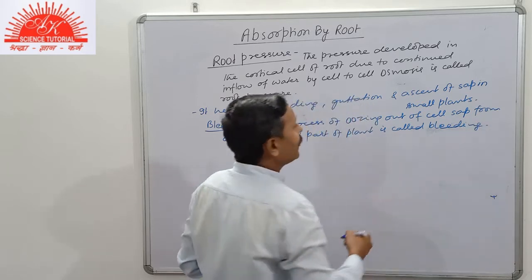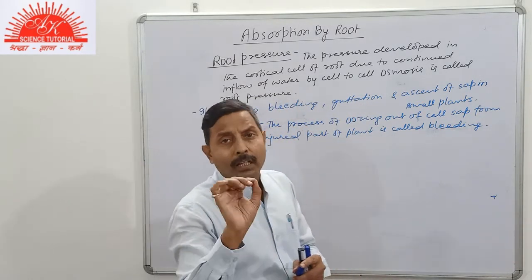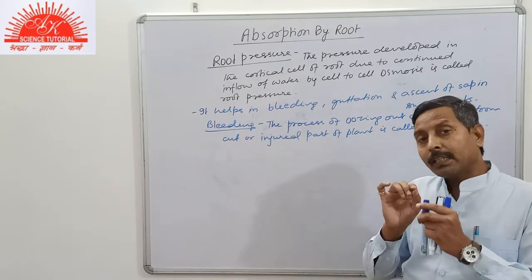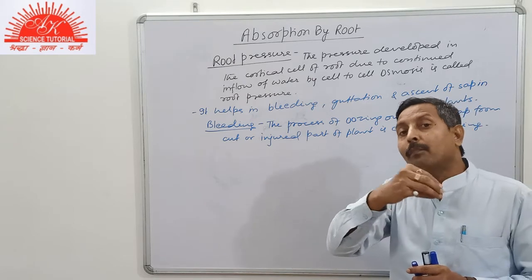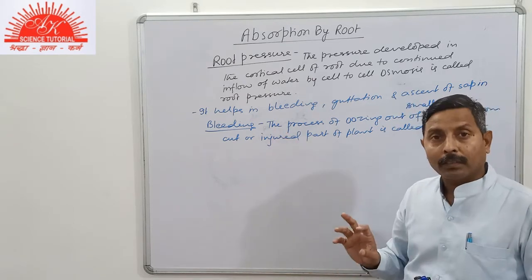Now this can be easily observed by us in many garden plants. When a leaf is plucked or a cut is made on a stem, then a white milky fluid starts to come out of it. This is due to bleeding.